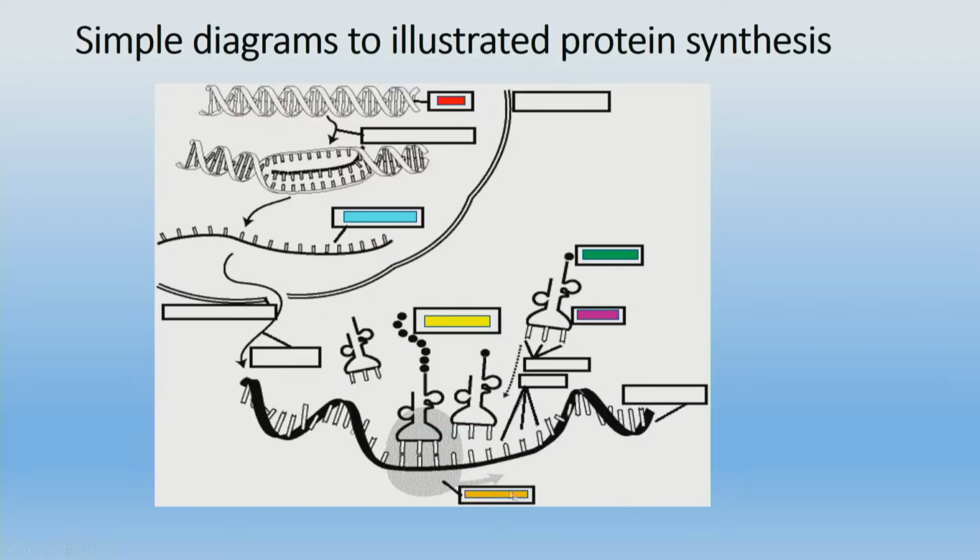Also, we must indicate in an illustration like that this is the ribosome where protein synthesis takes place. And then again, we must indicate that this is transcription, and the one that's taking place at the ribosome is translation.